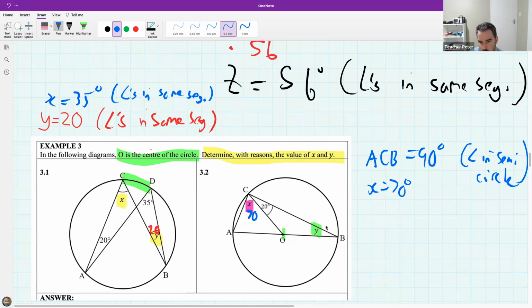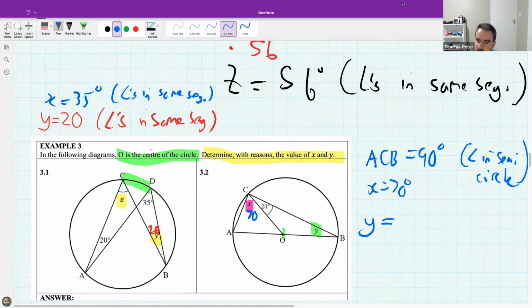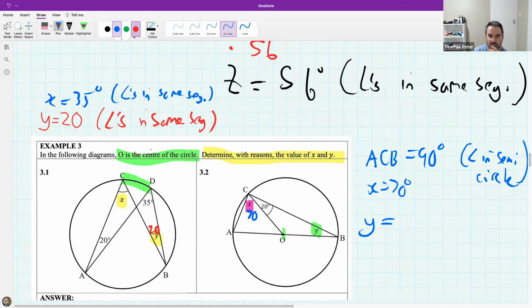So we know that X would be 70. Now, what we don't know is what Y is going to be. So does anybody have any ideas or suggestions about Y? Oh, I recognize something.